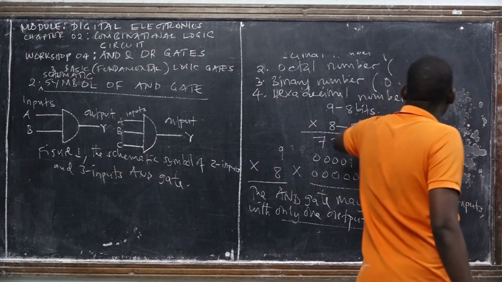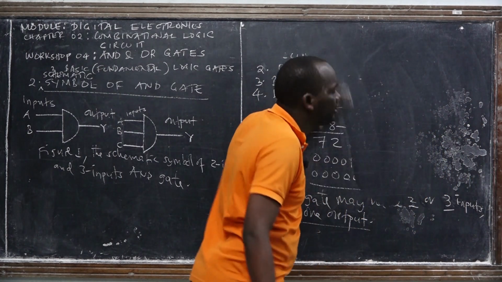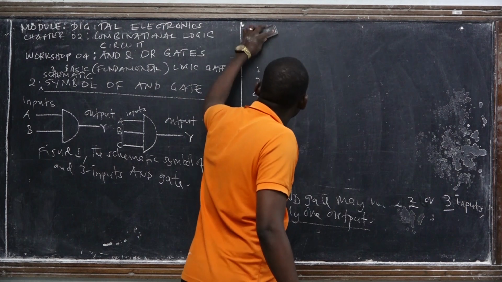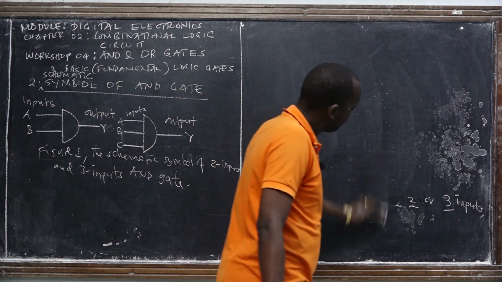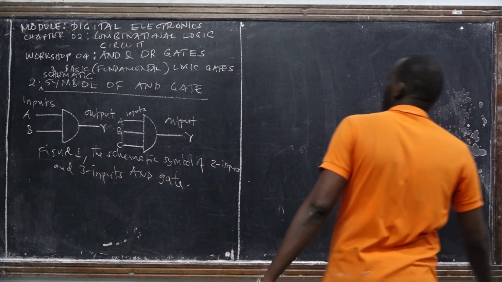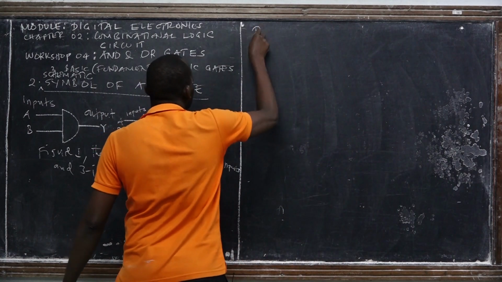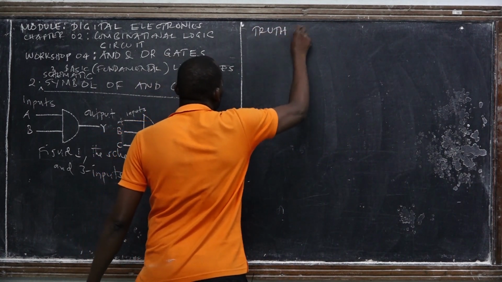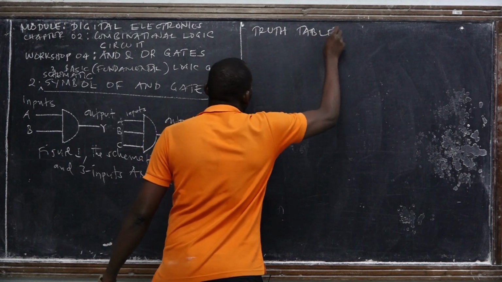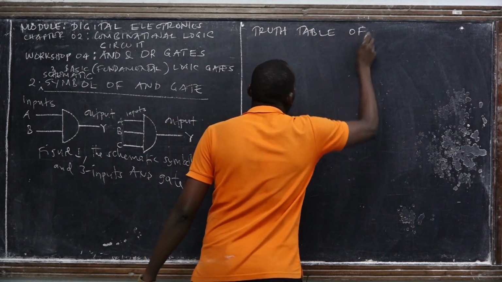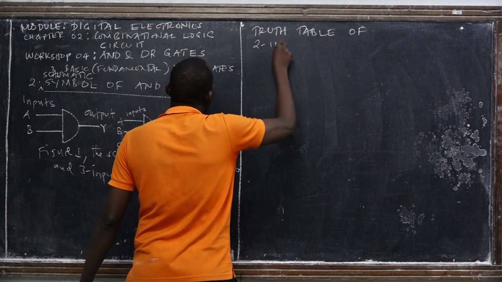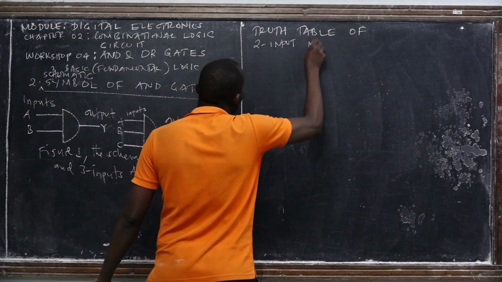Then the next important part about the AND gate is the truth table. Truth table of the 2-input AND gate.